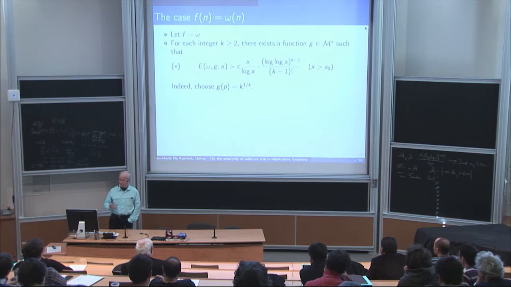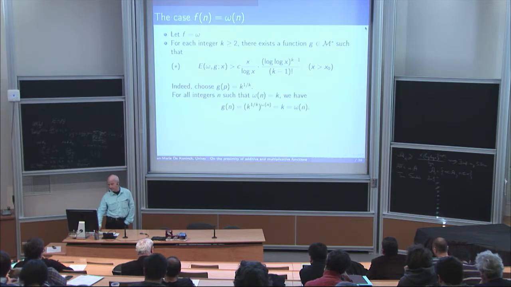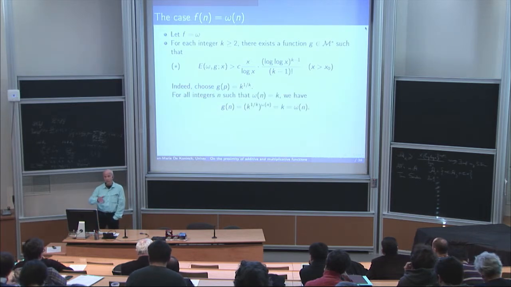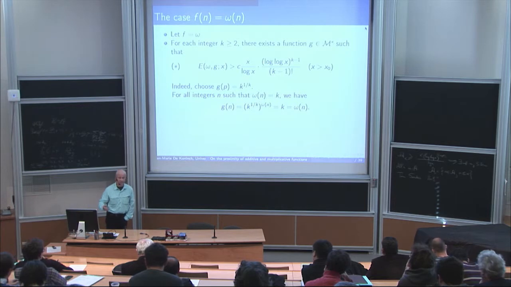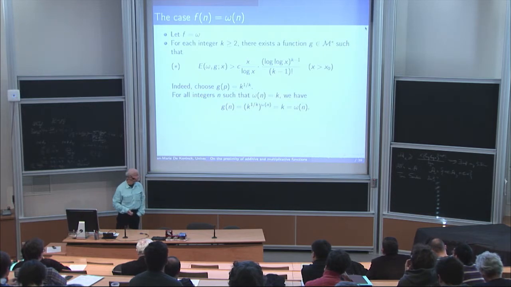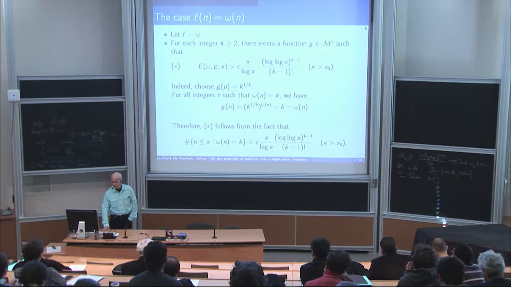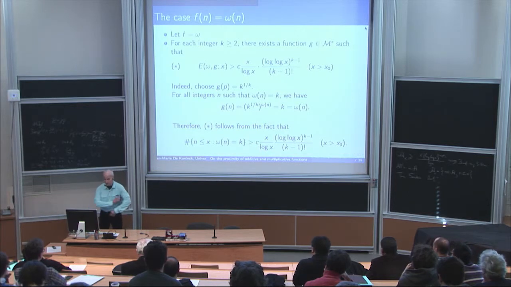Take g(p) to be of constant value on all the primes, k to the 1 over k. Then it's easy to see that for those n for which omega of n is equal to k, g(n) is just k^(1/k) with exponent omega of n, which is equal to k, and which is omega of n. So g(n) is equal to omega of n very often, on those elements n for which omega of n is equal to k.